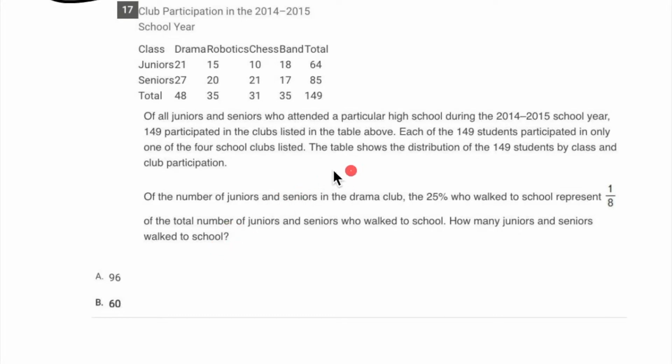So, do they talk about walking in this? No, it says of the number of juniors and seniors in the drama club. So let's look up juniors and seniors in the drama club. We have 48. Of the 48 juniors and seniors, 25% of them walked to school. So I'm going to take 48 times 25%.